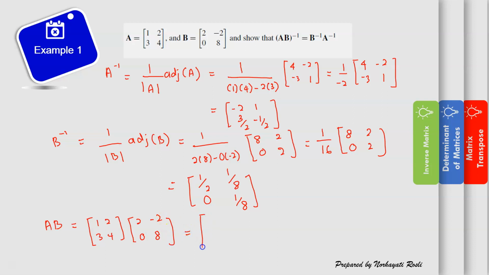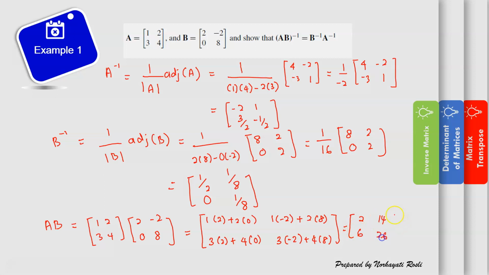So we have 1 times 2 plus 2 times 0, and then 1 times negative 2 plus 2 times 8, and the next element is 3 times 2 plus 4 times 0, and the next element 3 times negative 2 plus 4 times 8, which gives the answer 2, 14, 6, 26.